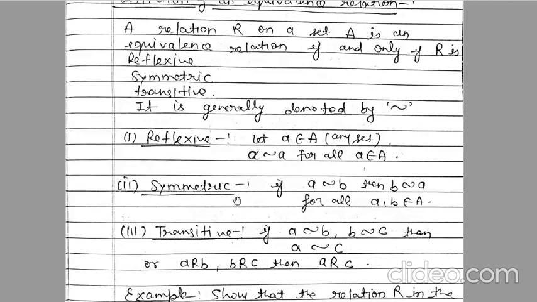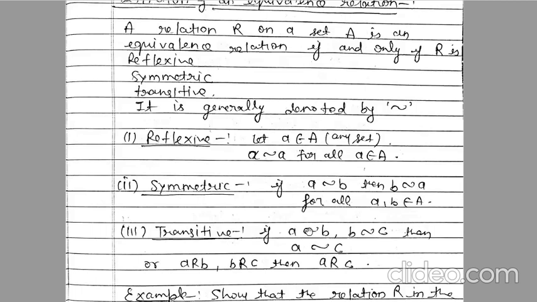Now second, symmetric. If you have two elements a and b which belong to set A, and a is related to b, then b is also related to a. If this property is satisfied, then it is called symmetric. Now the third one is transitive.